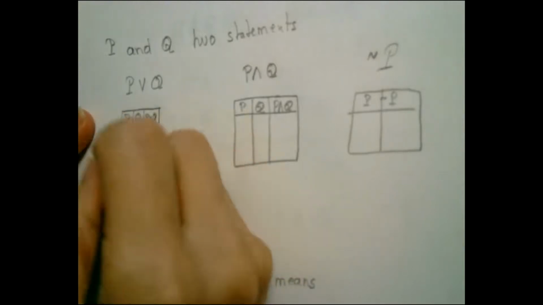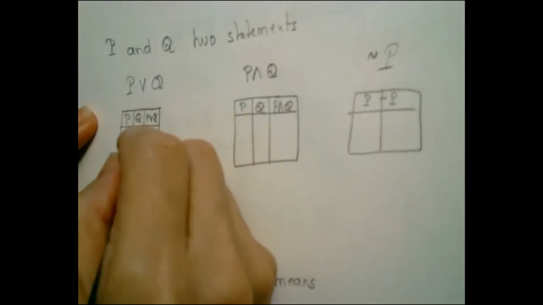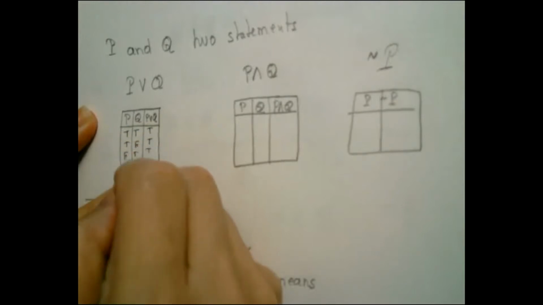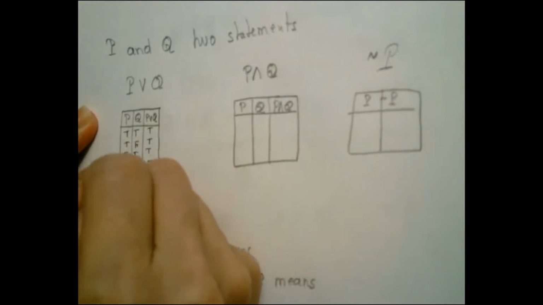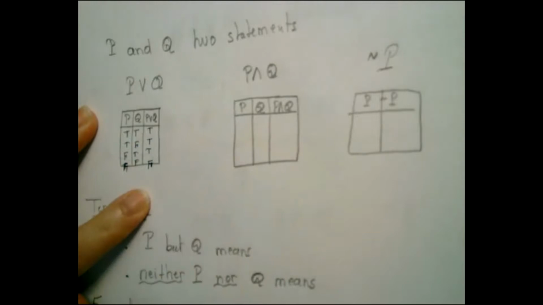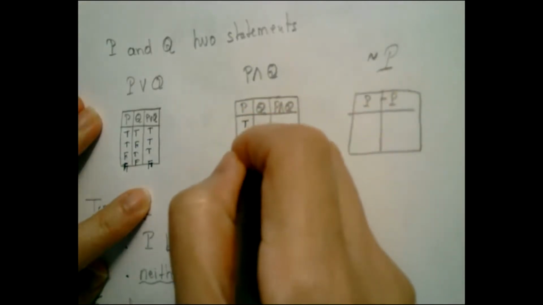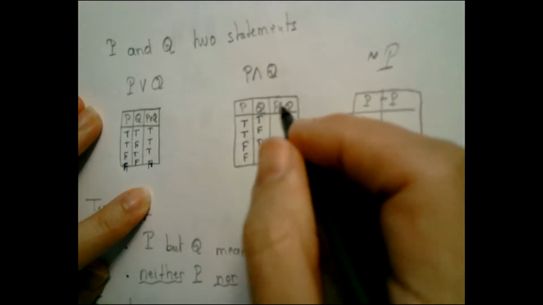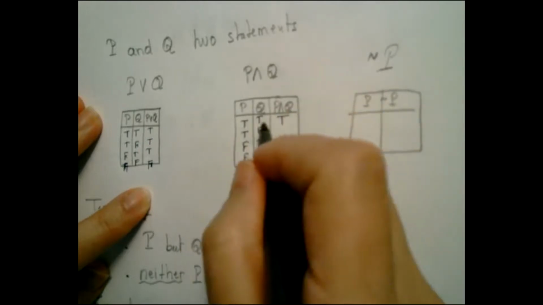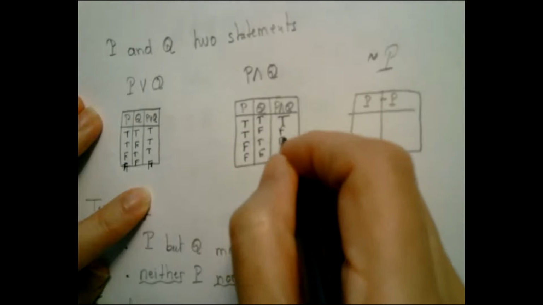P or Q is true if one of them is true, or both. So it's true here, true here, true here. It's false, sorry, this is F, false in one scenario. P and Q, all right? Again, true, false, false, false. P and Q is true in only one scenario, when both are true. It is false otherwise.